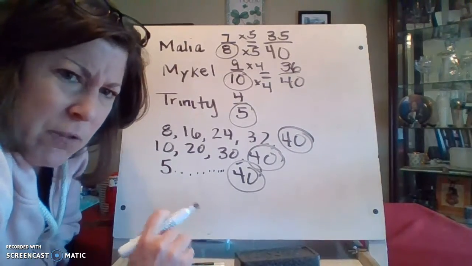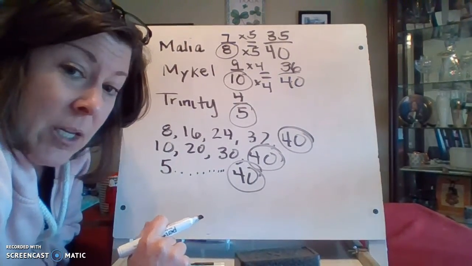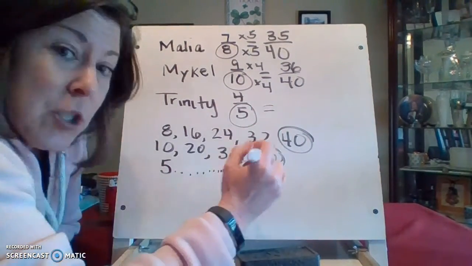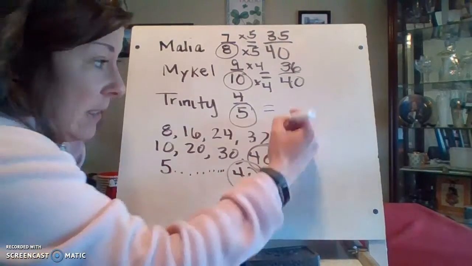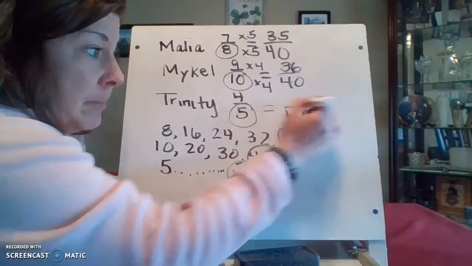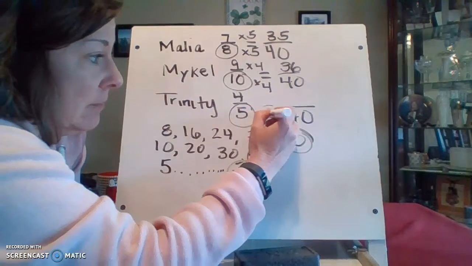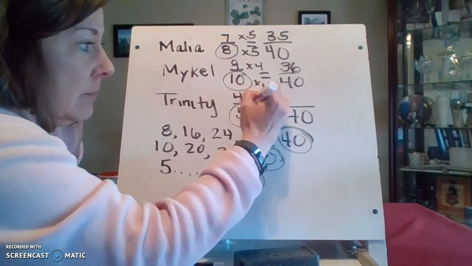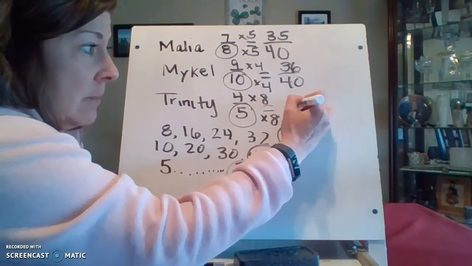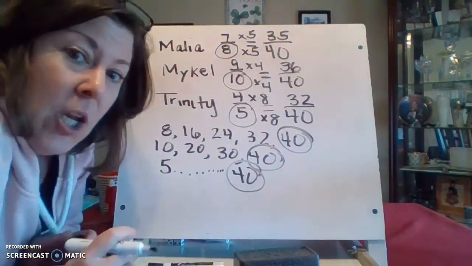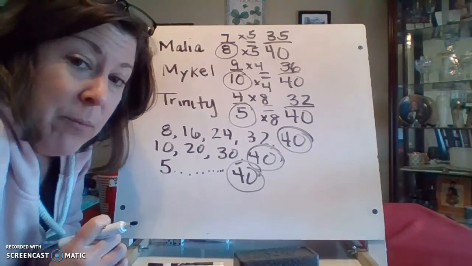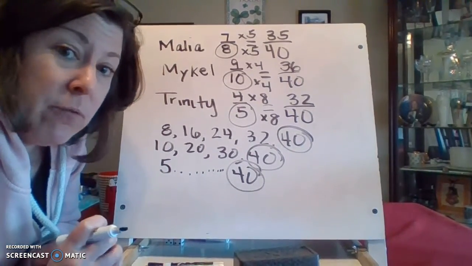That's 36/40ths. To partition fifths into 40ths, I have to multiply by 8. So I rewrote equal fractions.